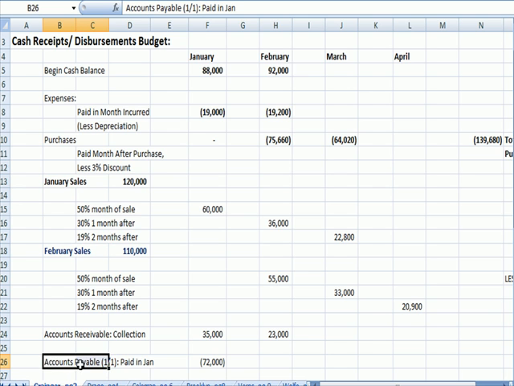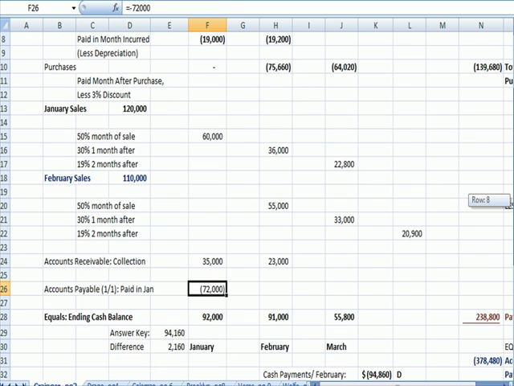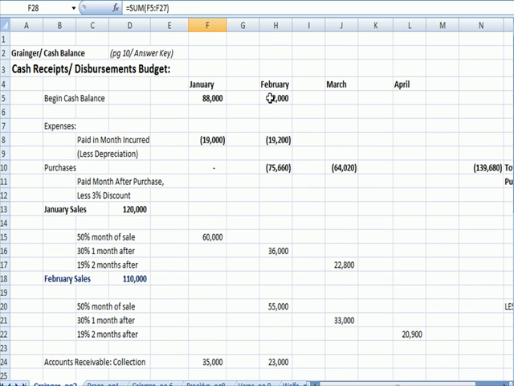We also have payables that we pay down that relate to periods before January of 72,000. We pay that in January. And we get an ending cash balance. And you'll see that the ending January balance is the beginning February.